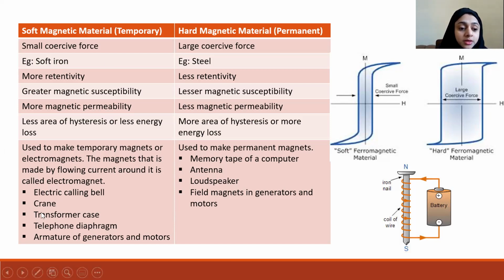So a crane uses temporary magnets, and the transformer's outer case is a temporary magnet, and also a telephone diaphragm. The telephone diaphragm should vibrate, so it should be magnetized and demagnetized continuously according to the frequency of our sound. So it should be easily magnetized and demagnetized.